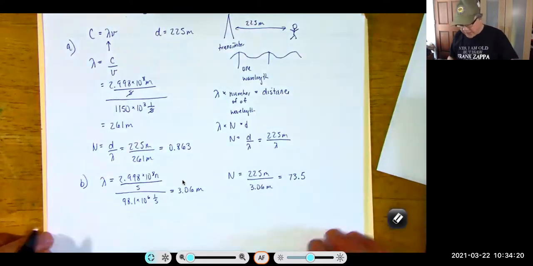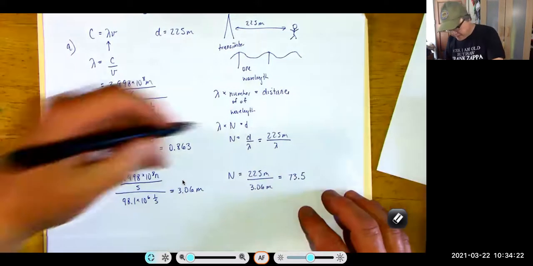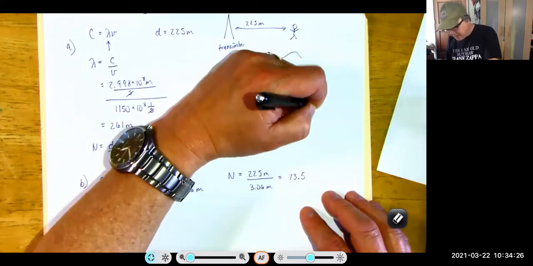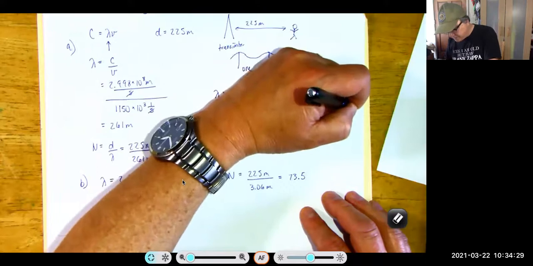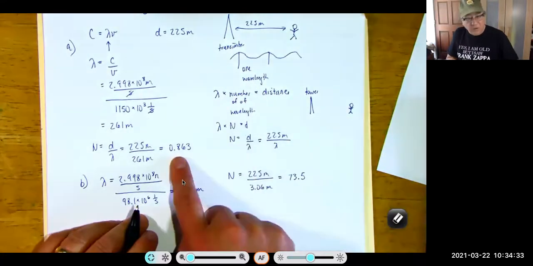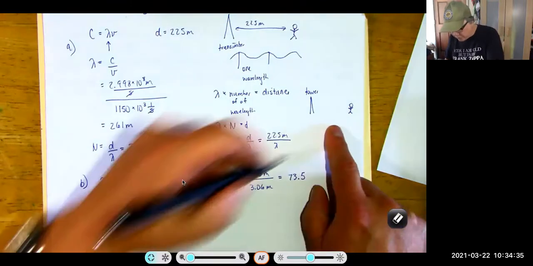So if we look at the A versus B, if this is the tower and this is the person, we have not quite one wavelength between the tower and the person, so it would look kind of like this.